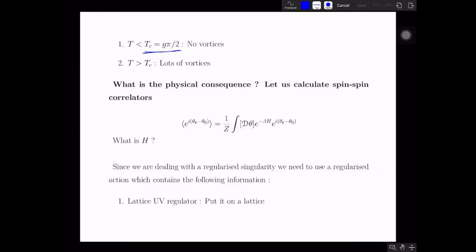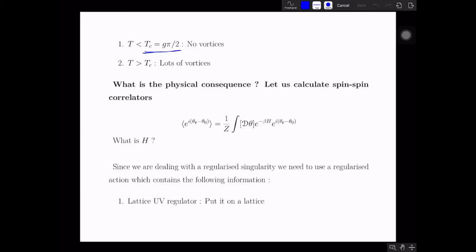So now you see that something abstract, which was part of the homotopy group, we have been able to bring it down to be able to controllably probe them. If I want to understand vortices, I would heat the system above Tc. If I want to get rid of vortices, I would cool it down below Tc.